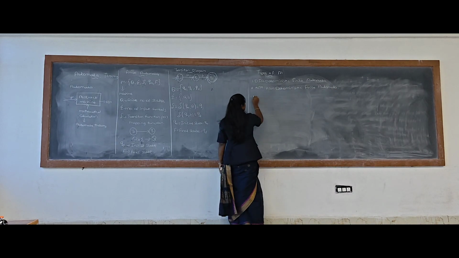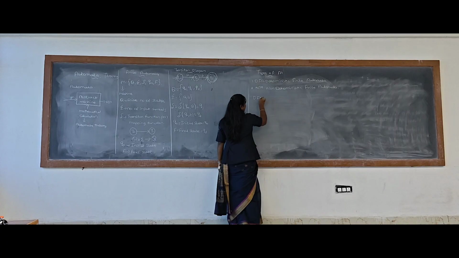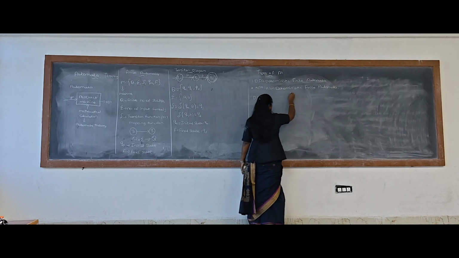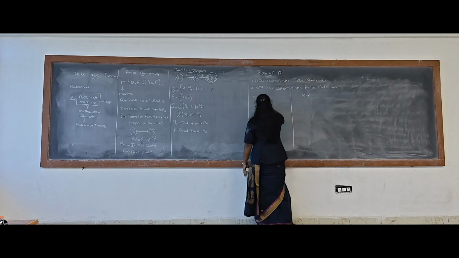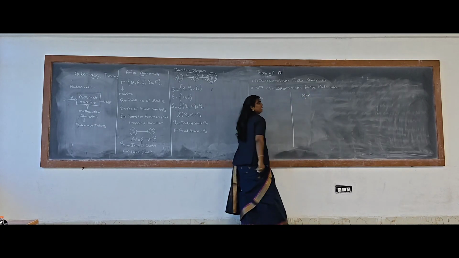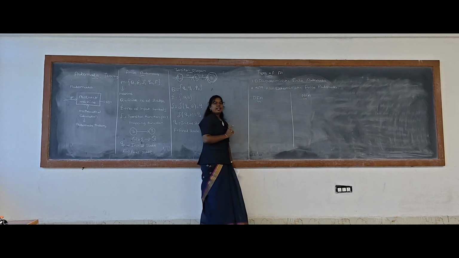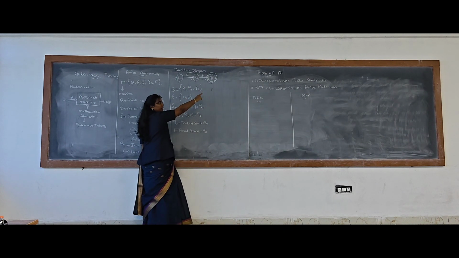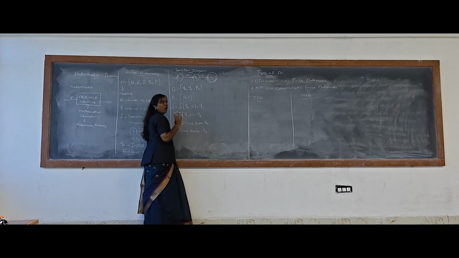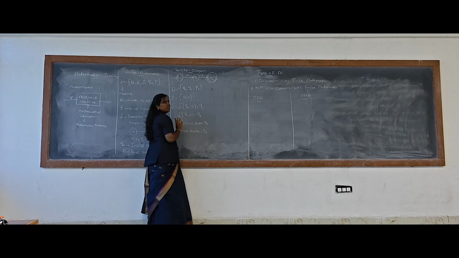There is a difference between DFA and NFA. In DFA, each state should be read by the input symbol, and in NFA, there is no need to read all the input symbols in the states.